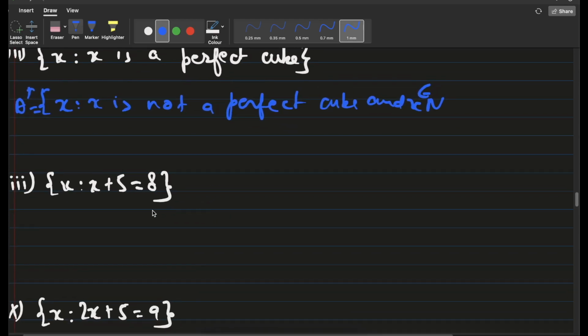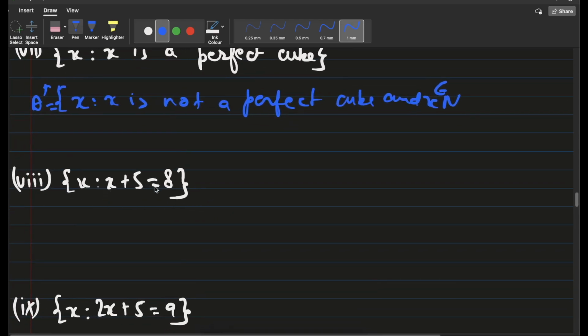Okay, next question. As we can see, here we have been given x such that x plus 5 is 8. So what is x? X is 3. Okay, basically by writing this they mean that element x is 3. So basically this set contains 3, and now we are removing this number 3 from our natural numbers.